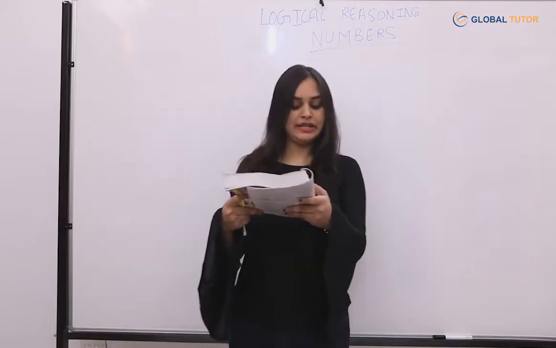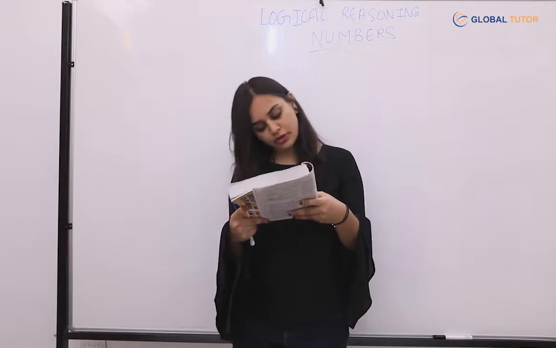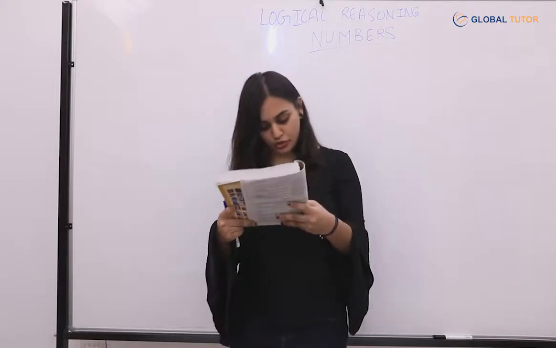The first question from a previous year paper is: four of the following are alike in a certain way and so form a group. Which is the one that does not belong to that group? So it's again an odd one out problem that we have been solving in our previous videos for alphabets. We're going to do the same for the numbers, but in a different way.